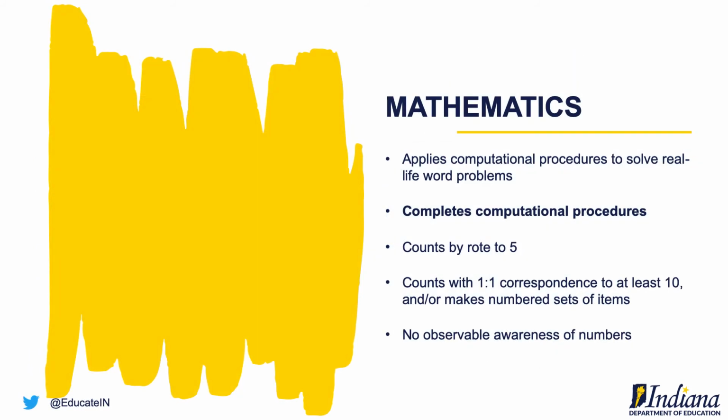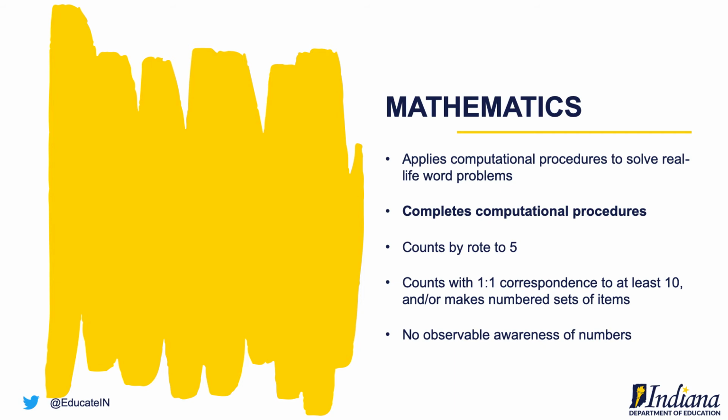Because IM is based on the grade level alternate academic standards or content connectors, the indicators that address mathematics, reading, and writing can help determine how the student might perform on IM. The ninth indicator addresses mathematics. 49% of students who participated in IM in 2019 were able to complete basic computational procedures, including addition and subtraction, as indicated in bold.